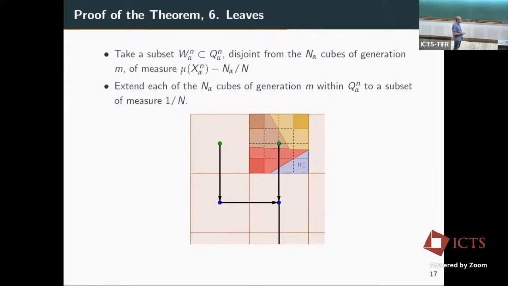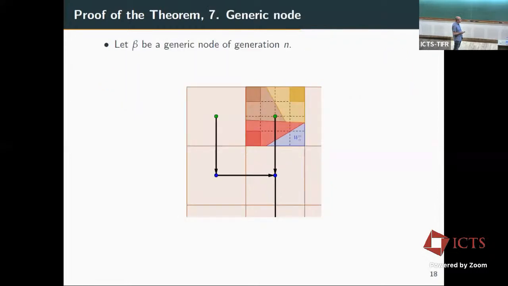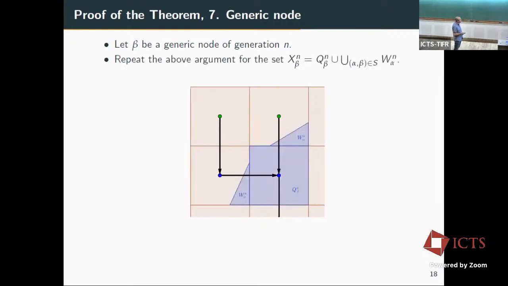You have this remainder. So what you do is take a generic cube, which is not a leaf. So for example, this one, of course, you will have a remainder piece here coming from this leaf, and you might have a remainder here coming from this other node. So this is the region that now you're going to have to treat, which, as you see, is bigger than a cube.